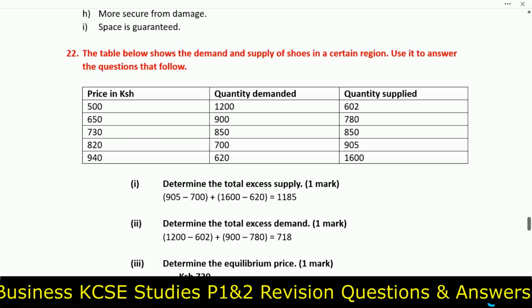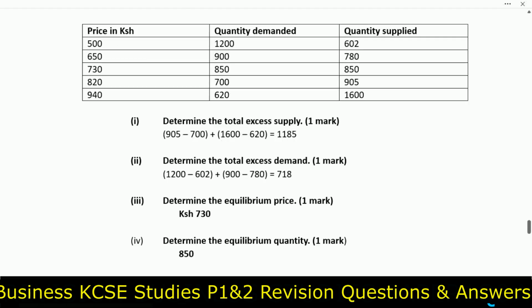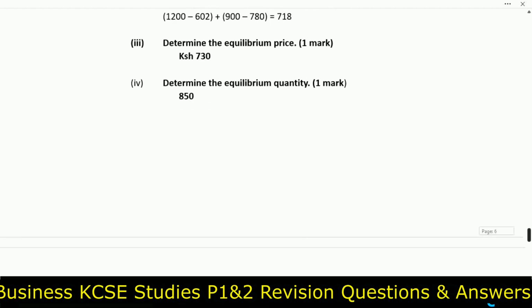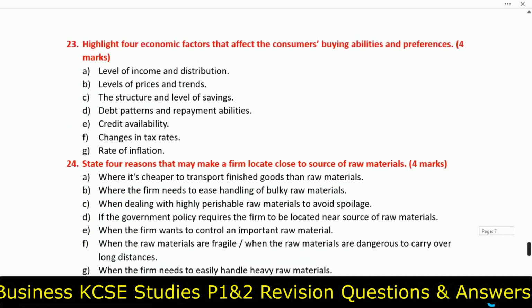You can see the demand and the supply. So you are told to determine the total excess supply. Very simple. Determine the total excess demand. Determine the equilibrium price. Determine the equilibrium quantity. Very simple, straightforward. You can easily do that.